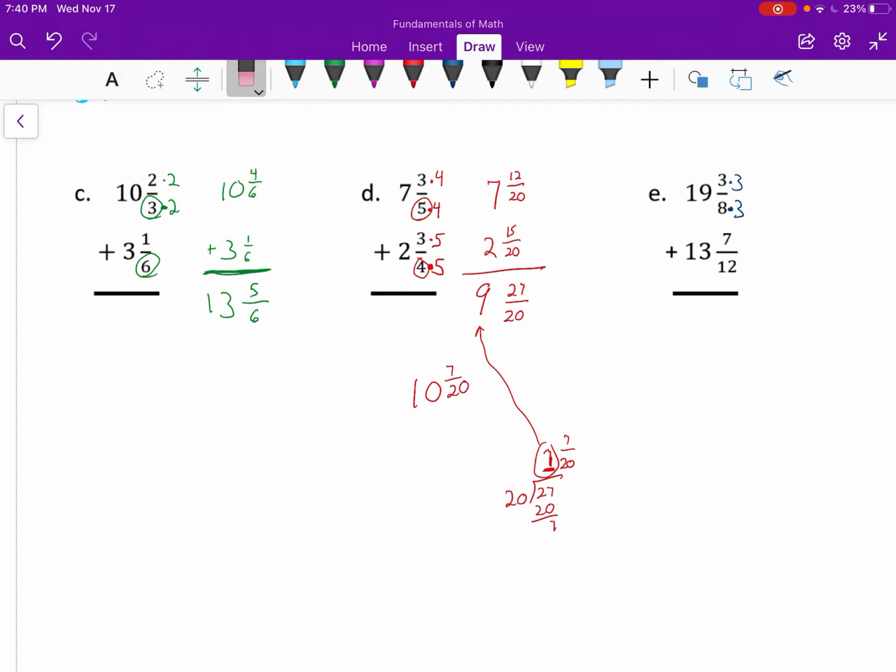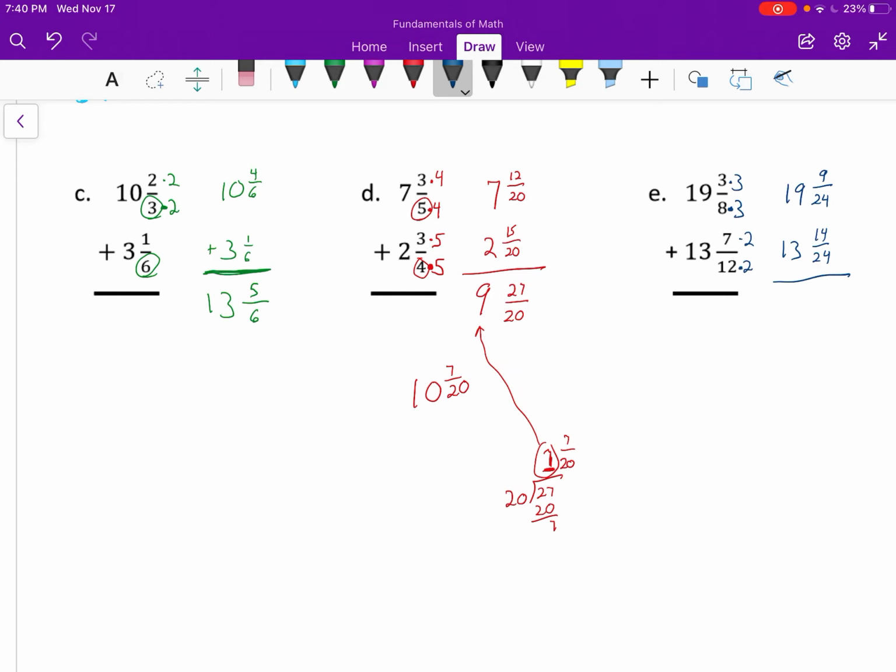And then for the bottom, to get 12 to be 24, we're going to multiply by 2 and 2. Well, this gives us 19 and 9/24 plus 13 and 14/24.